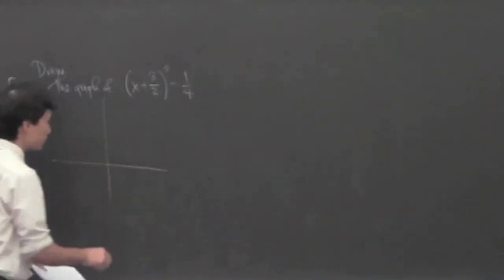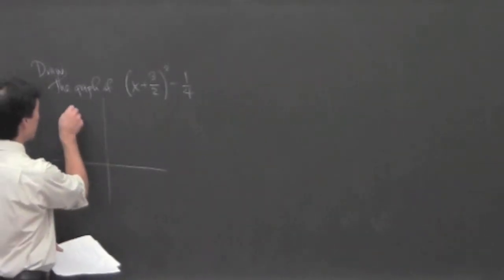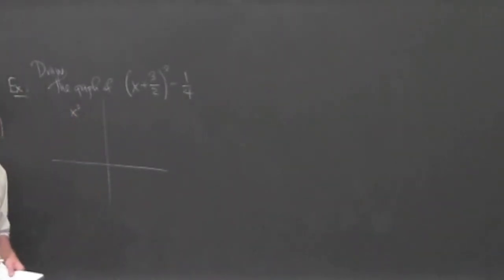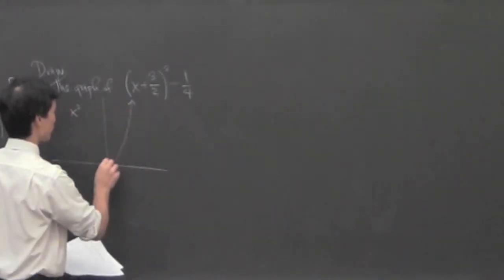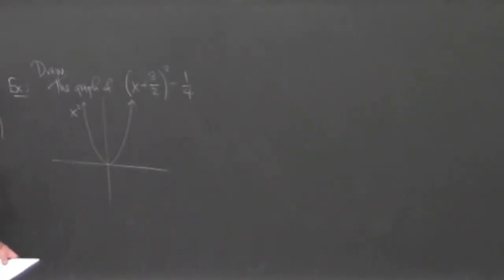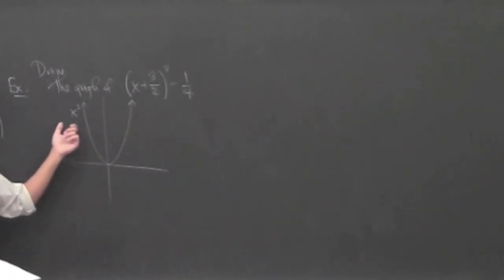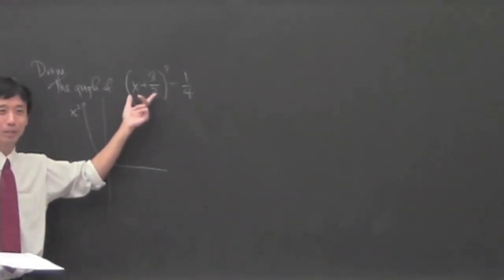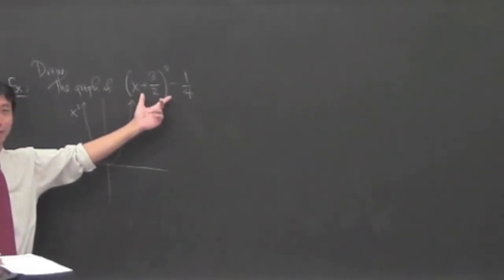Maybe the way you want to think about this is to think about the graph of x squared. The graph of x squared looks like this, and then what do we do to it to get to here?